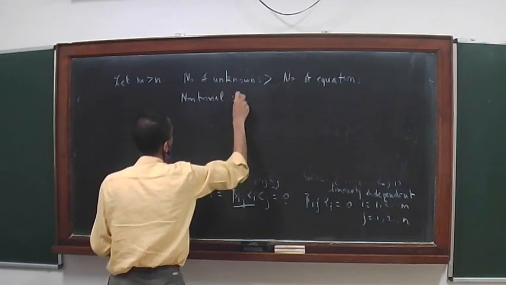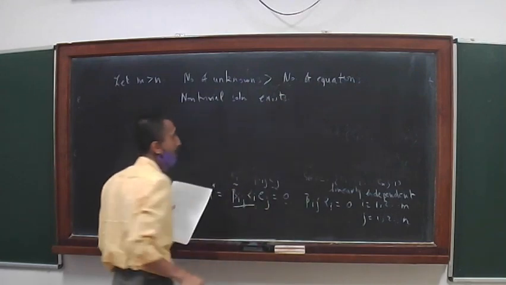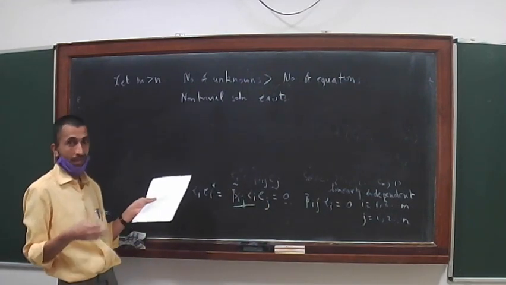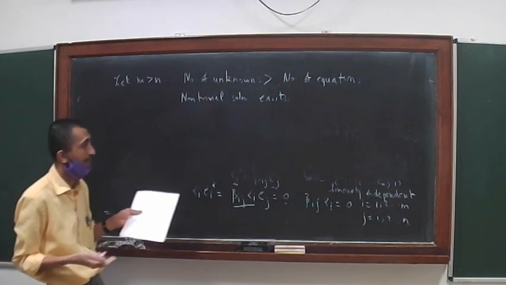What does that mean? That means there are some alpha i's which are non-zero. You can always find some alpha i's which are non-zero.